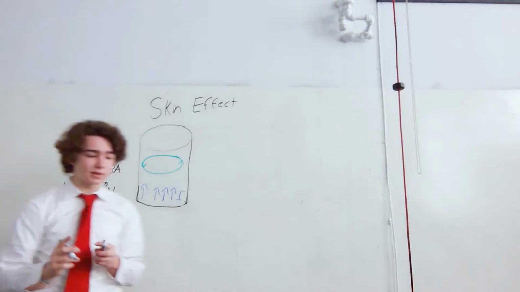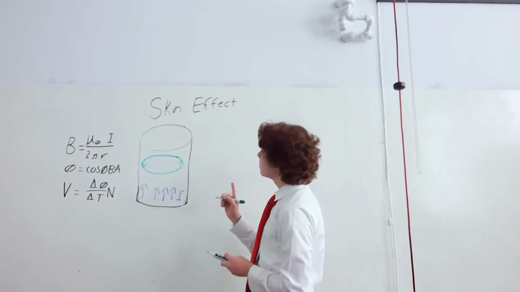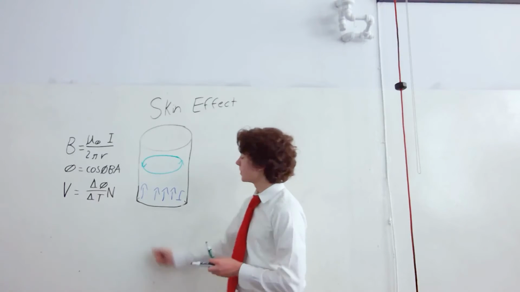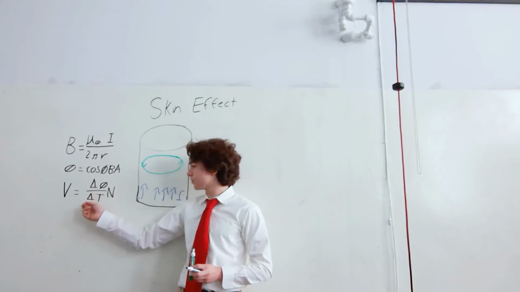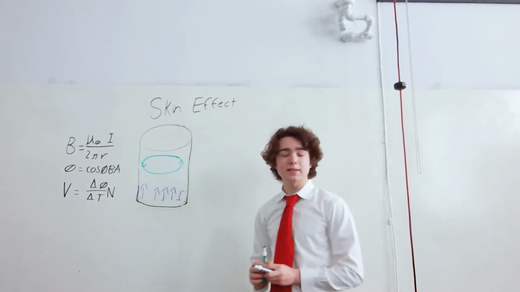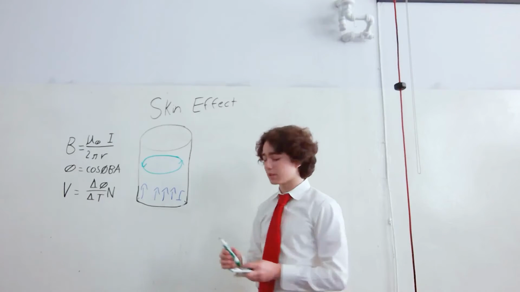Now, let's take a step back here and remember one physics phenomenon. When the magnetic field changes, it will induce a voltage. Modeled here with voltage equals change in magnetic flux over change in time times the number of coils. And we know that in AC current, as we just wrote right here, the magnetic field flipped.